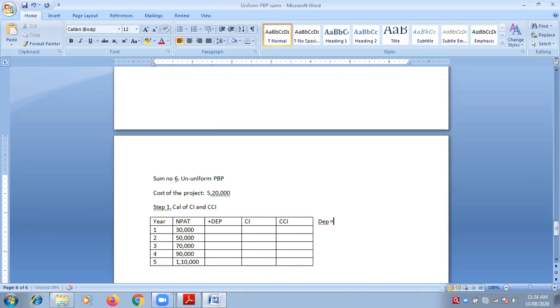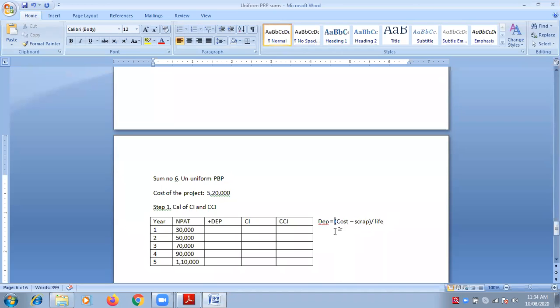Depreciation is equal to cost minus scrap divided by life. This is the formula for depreciation. Or you can write it this way: cost minus scrap in one bracket and then divide by life.